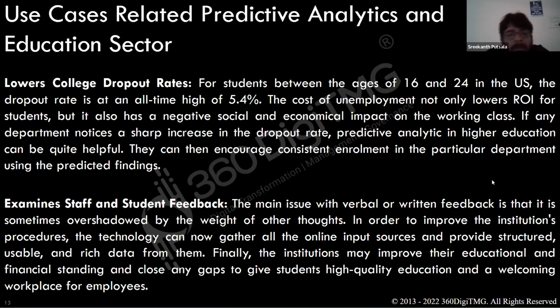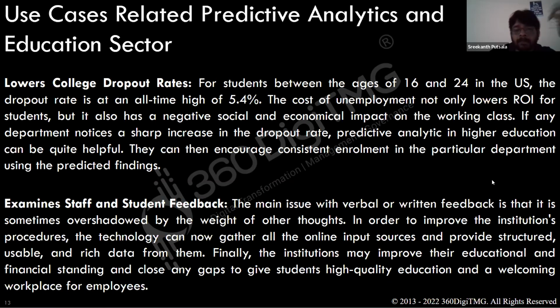So in order to improve the institution's procedures, technology can now gather all the online input sources. I can create a survey, right? By creating a survey, I can prepare certain questions that can give me the knowledge. What people are thinking about the institution, what students are thinking about the institution. At what places we have to change, right?